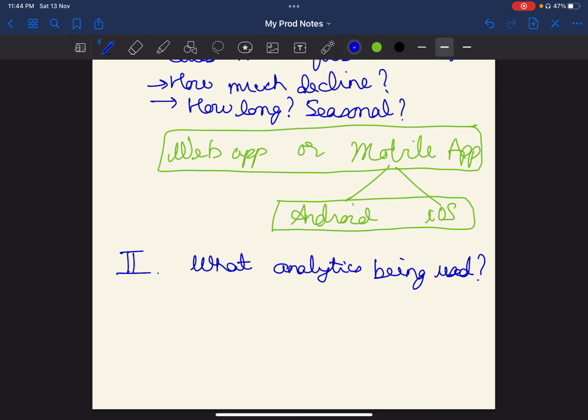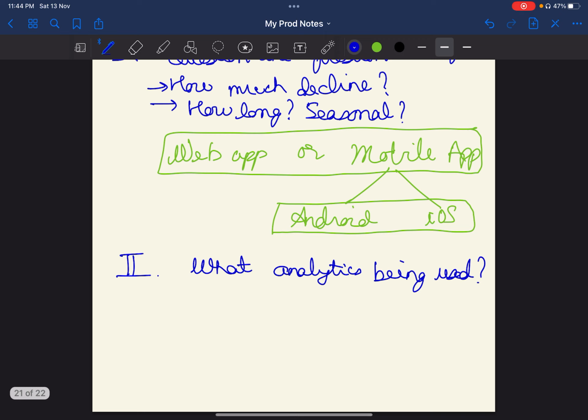For example, you can ask which analytics tool are we using, and have there been some issues reported in them over the past few months, especially the months in which we have been seeing this decline in sales. If yes, this completely changes the direction of your question, because the issue is not whether the sales is declining. The issue is how you're measuring that decline.